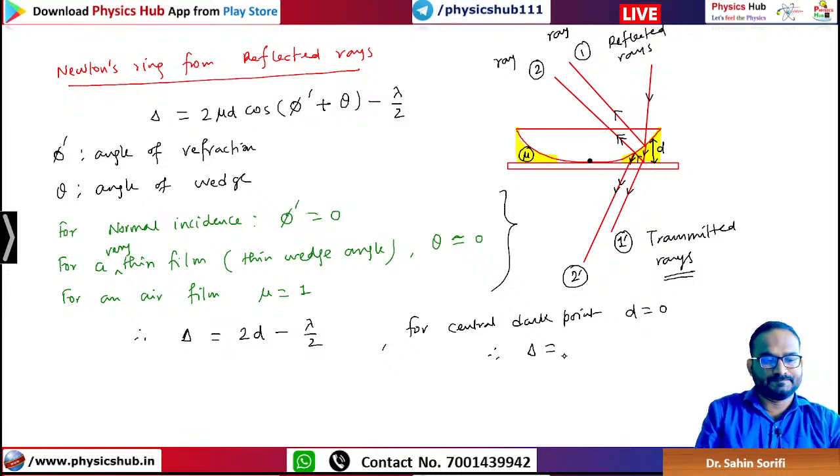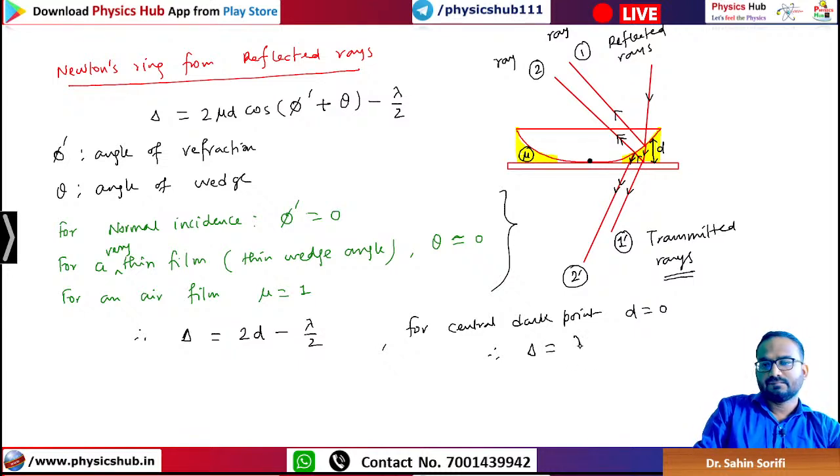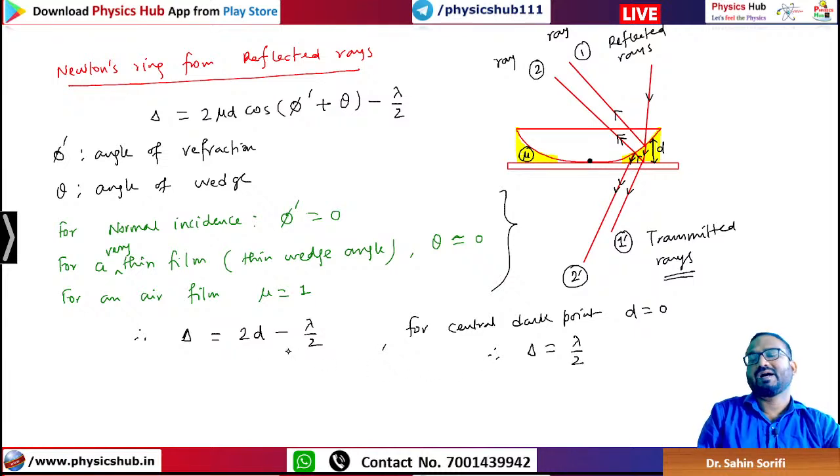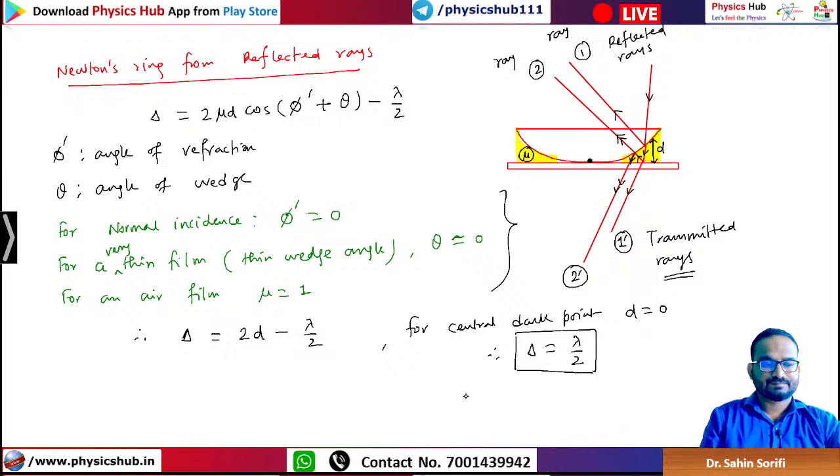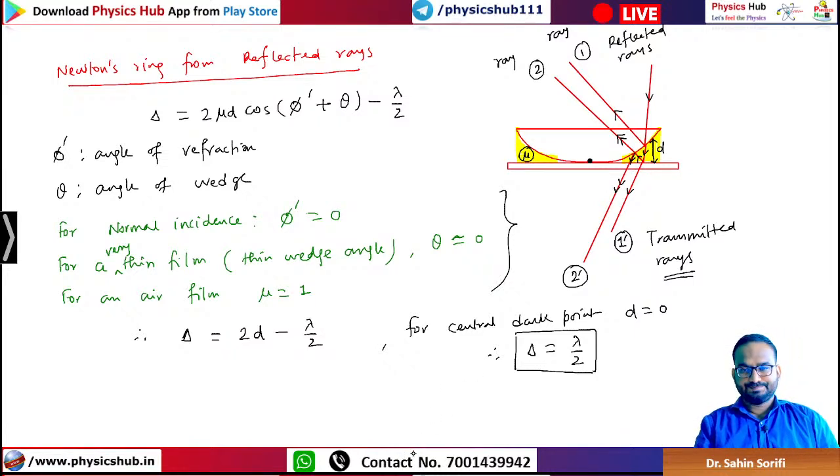So you can imagine it is minus lambda by 2, so we can take the positive value lambda by 2. This is the path difference between these two rays.